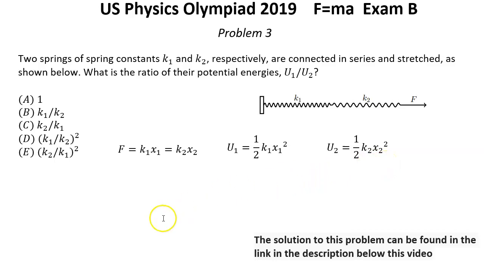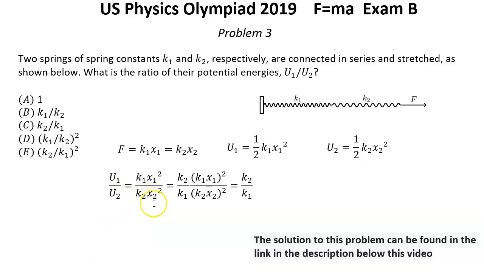And now we can write the relation between these energies. That will be this expression, and after simplification, because K1 x1 equals K2 x2, finally it equals K2 over K1, which is answer C, and this is the solution for problem number 3.